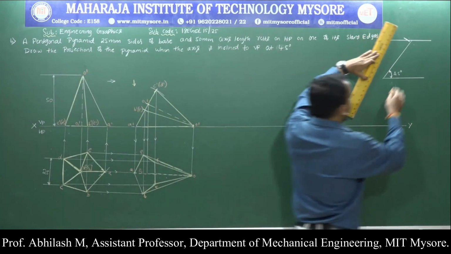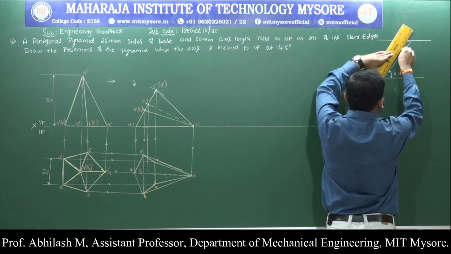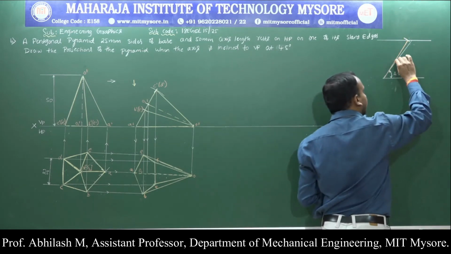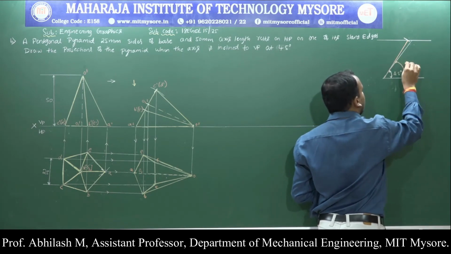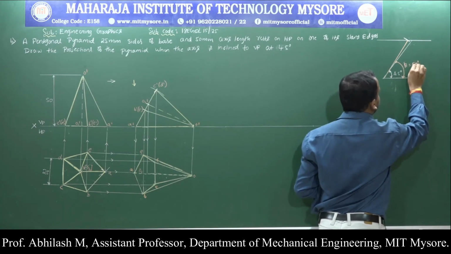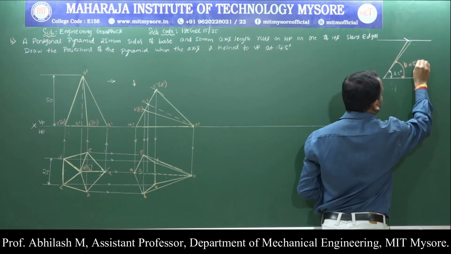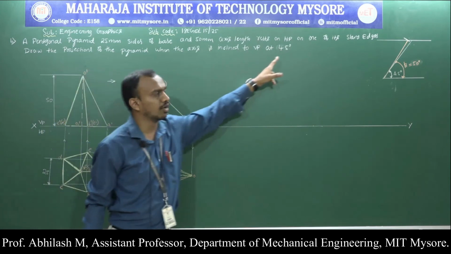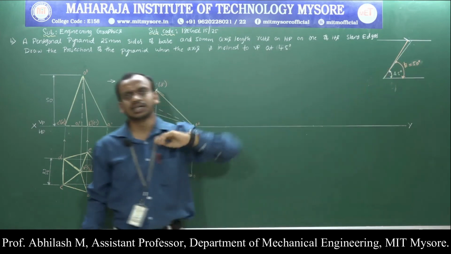Now if I measure the angle of this particular inclination of the axis, I am going to obtain the angle beta, and the beta that we have obtained after measuring is 50 degrees. Beta equals 50 degrees. Now we are supposed to not rest this at an angle of 45 degrees. We are supposed to incline it at an angle of 50 degrees and complete the final position.